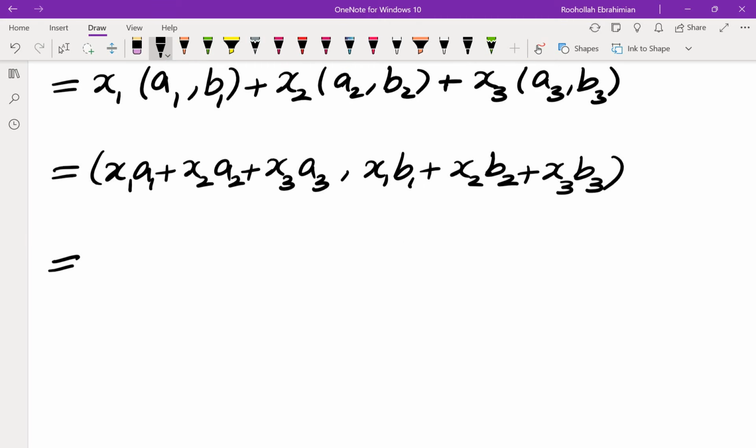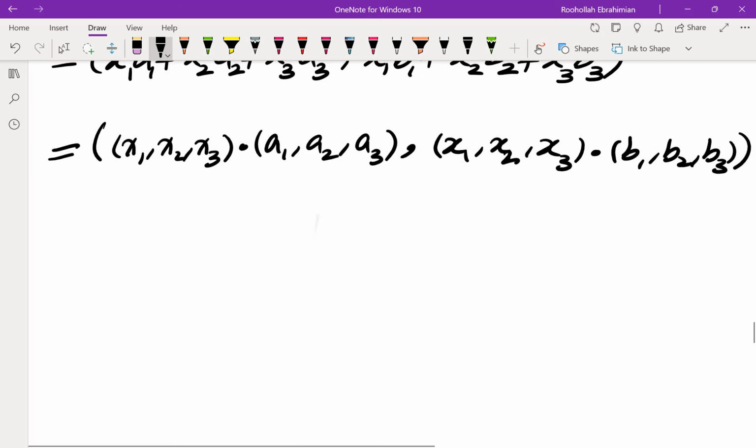And these two are dot products. The first one is the dot product of (x1, x2, x3) and (a1, a2, a3). And the second one is the dot product of (x1, x2, x3) and (b1, b2, b3). So this is really interesting.